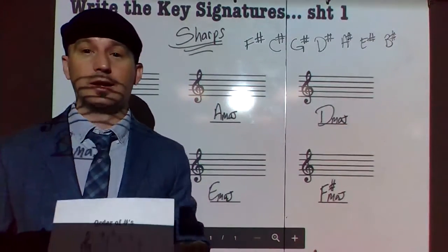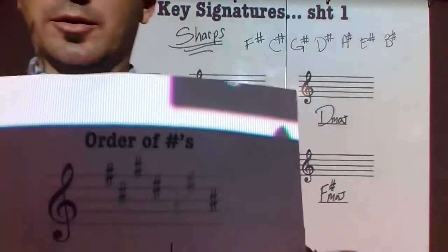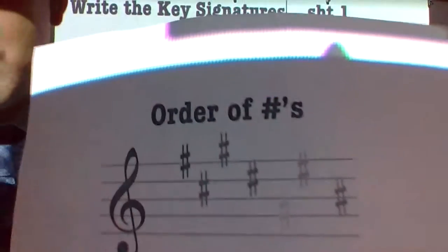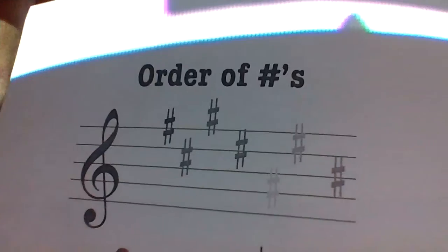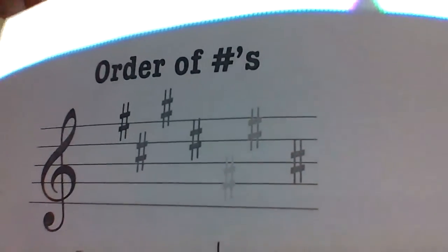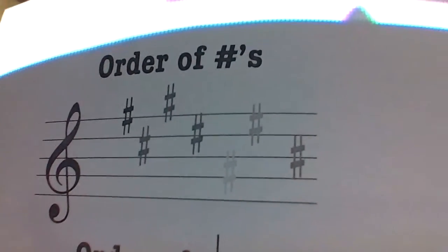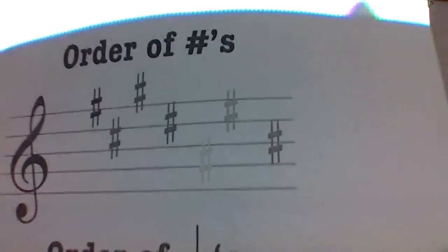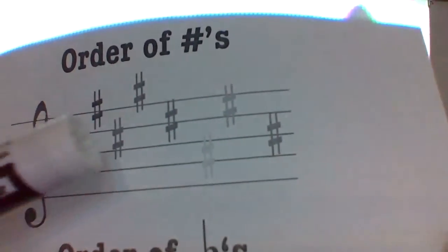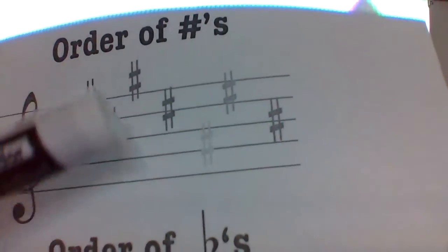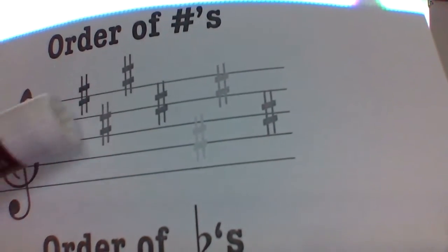Okay, now, how do you write those? This is when you need to have this sheet, and yours will be in color. This is when you need to have this sheet printed out or available to you on some kind of device so you can refer to it. So if we have 4 sharps, they need to look like this: F sharp, C sharp, G sharp, D sharp.